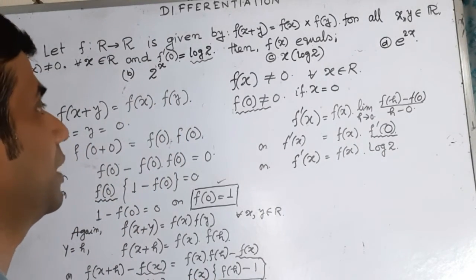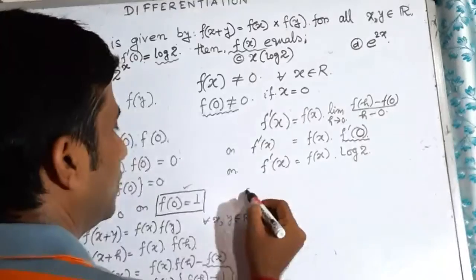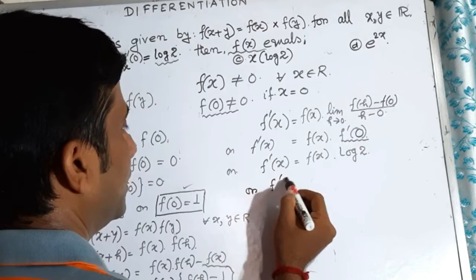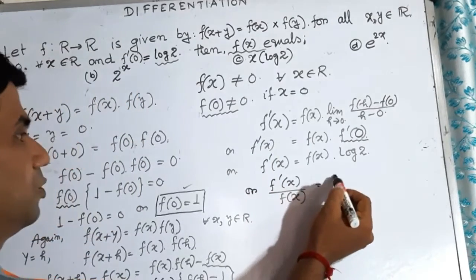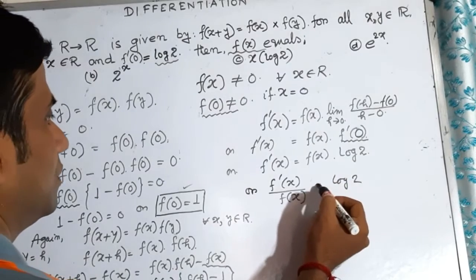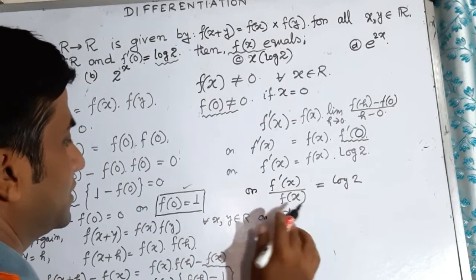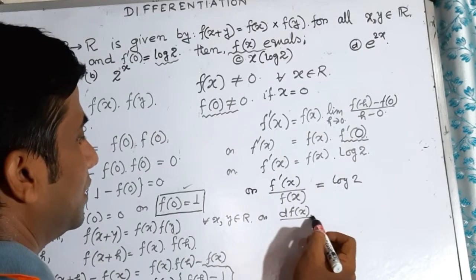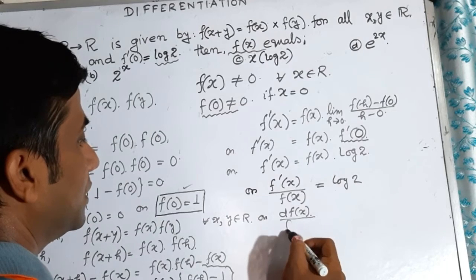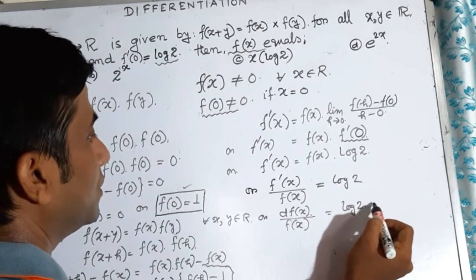Now we have to find out the function f of x, or f dash x by f of x is equal to log 2, or f dash x means d of f of x by f of x is equal to log 2 into dx.